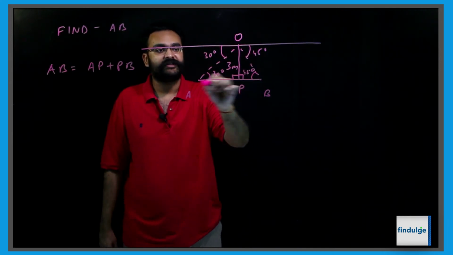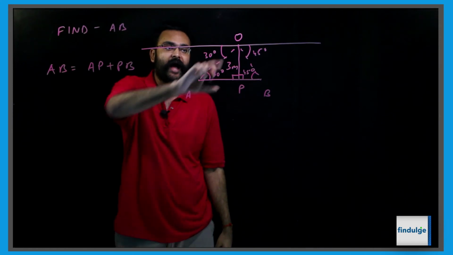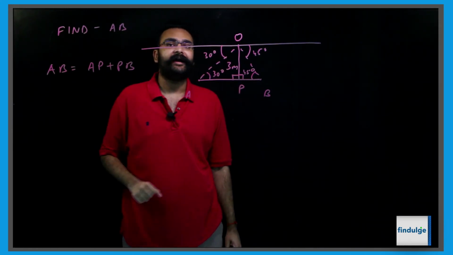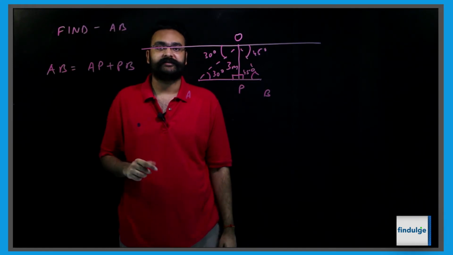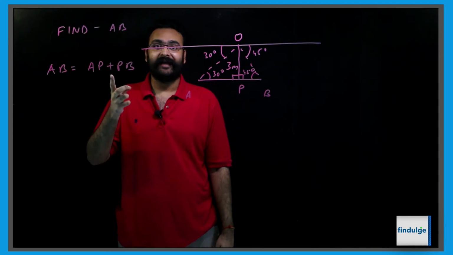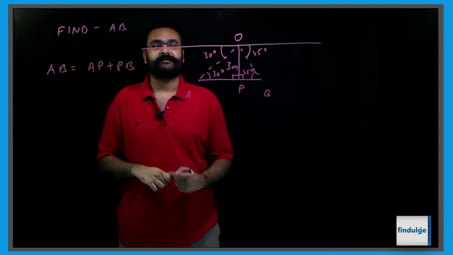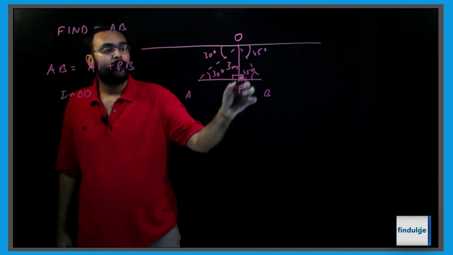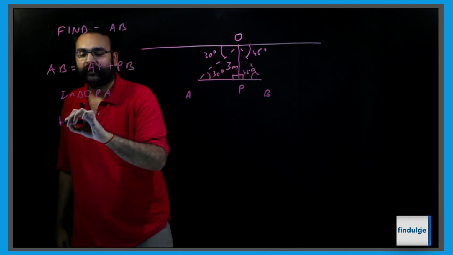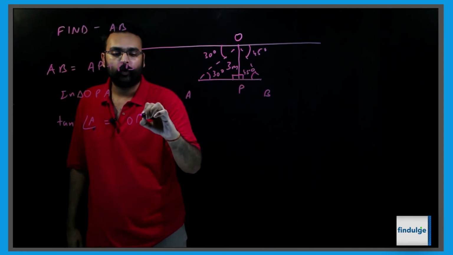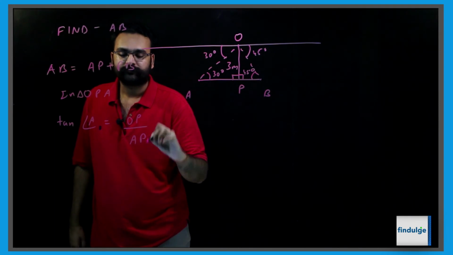So if I look at first triangle OPA, I know OP, which is my perpendicular. I need to find AP, which is my base. So we will use tan function because tan is perpendicular upon base. So in triangle OPA, tan angle A is equal to OP upon AP.